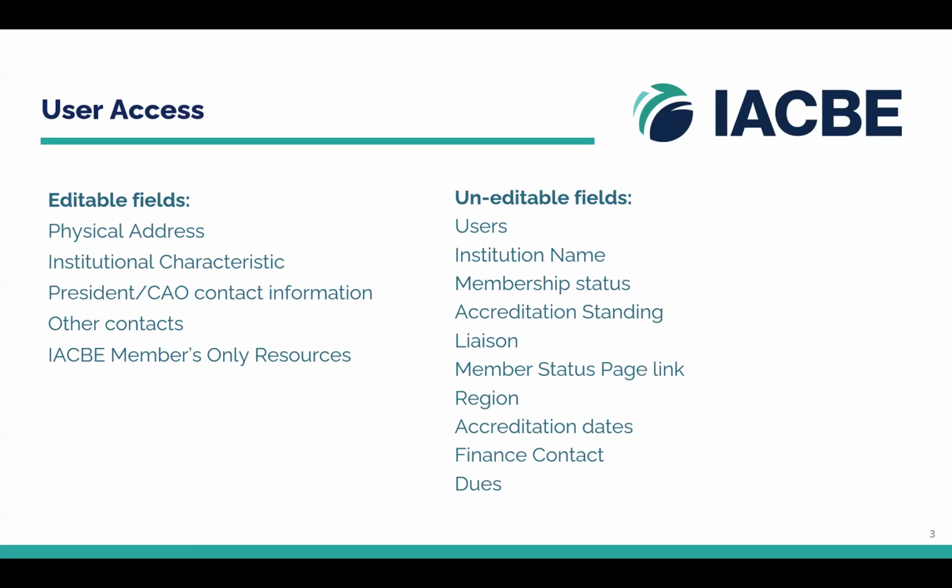We have uneditable fields such as your users, and the reason for that is because the ICBE staff will need to grant access to those folks. Your institution name, your membership status and accreditation standing, your member status page, all of these items will be updated by ICBE staff, as well as your dues and your finance information.